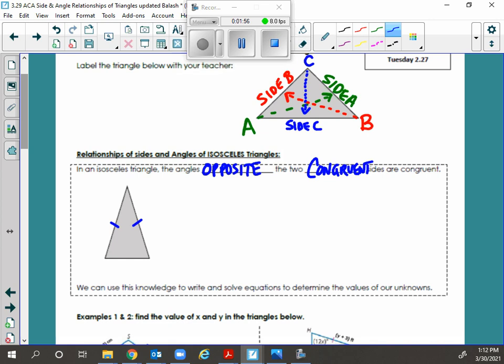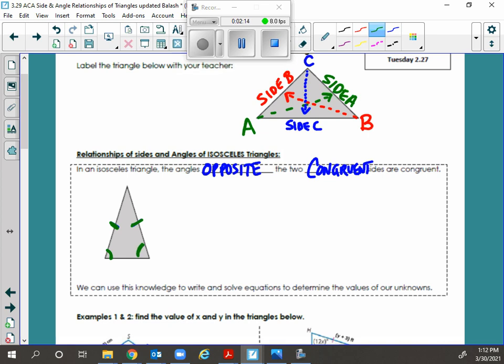It means that over here, I've got side A goes along with angle A. Side B of my triangle goes along with angle B, just like we did before.